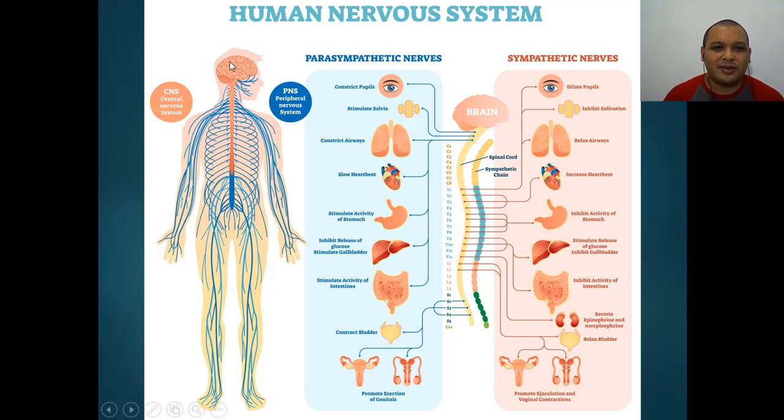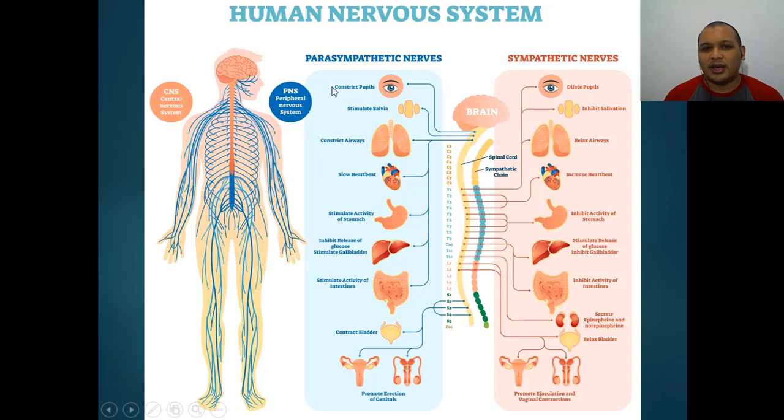It's very complicated, but the major division is the CNS, or central nervous system, consisting of the brain and spinal cord, and then the peripheral nervous system. It consists of the neurons going out from our CNS to our entire body. The PNS and CNS have very vital roles in our body, because they coordinate how our body responds.